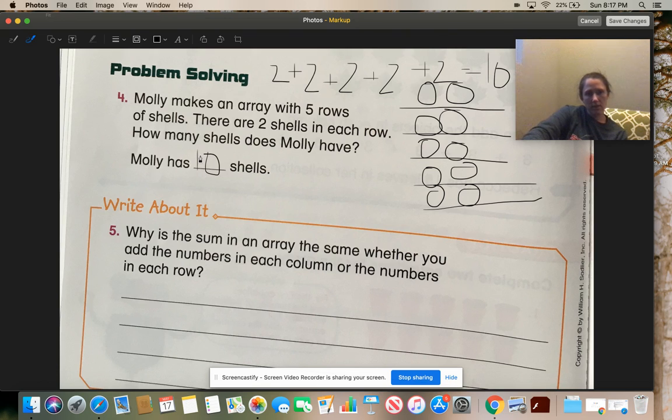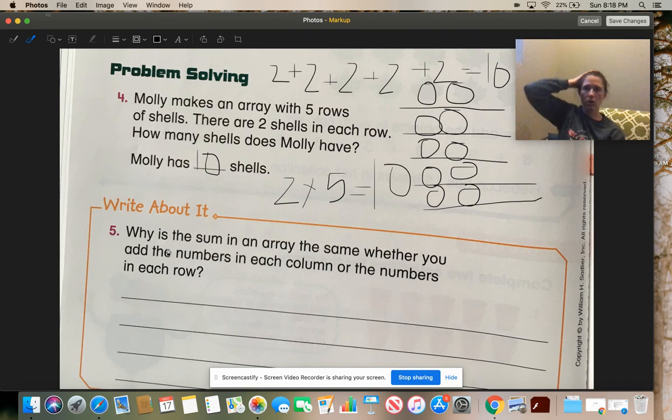Now, is 10 an even or an odd number? Can you remember? Is there any odd man left out? No. So it's even. Let's talk about how would we do this for multiplication. We added 2 5 times. We would say 2 times 5 equals 10.